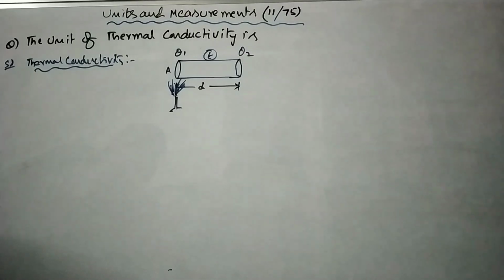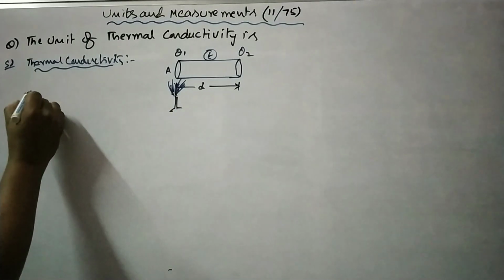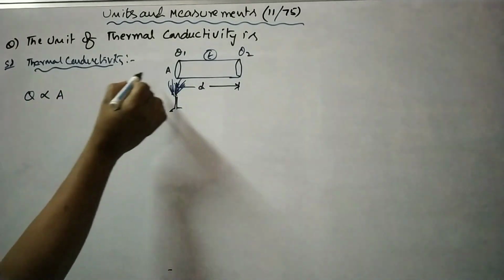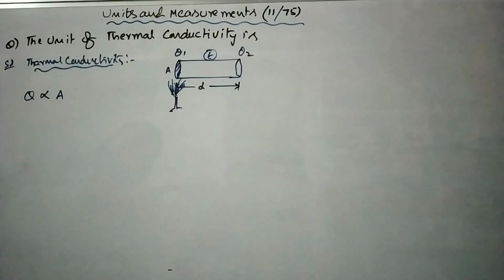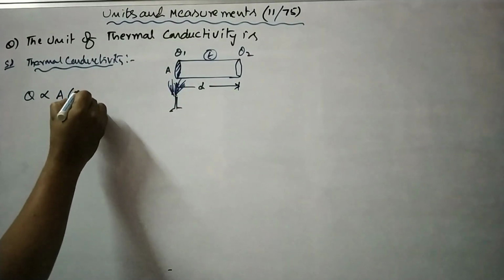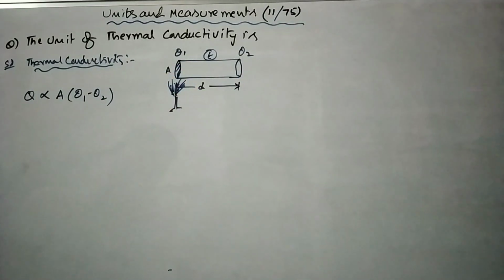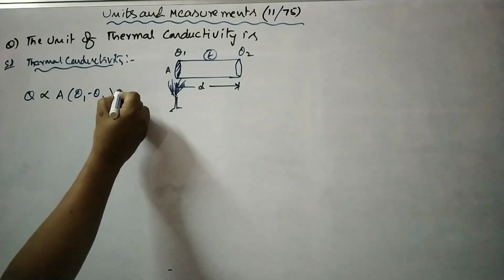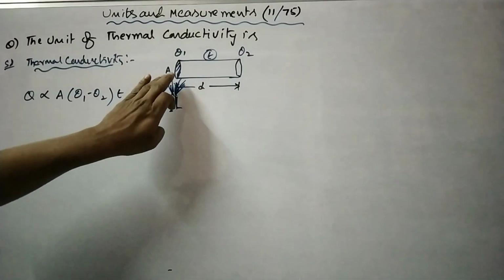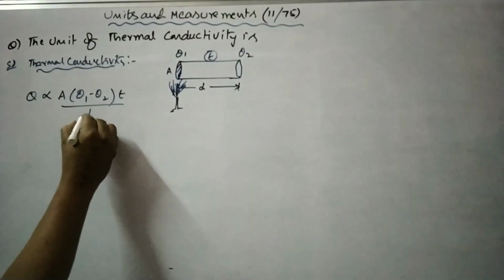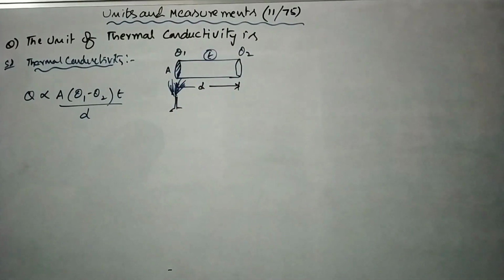So with what ability does this conductor, that means the solid material, transmit heat energy from this end to the other end? The amount of heat transfer is directly proportional to the cross-section area of this solid material, directly proportional to the difference in temperature between the two ends, directly proportional to the time taken, and inversely proportional to the distance separating the two ends of this material.